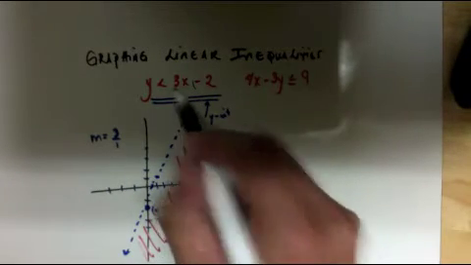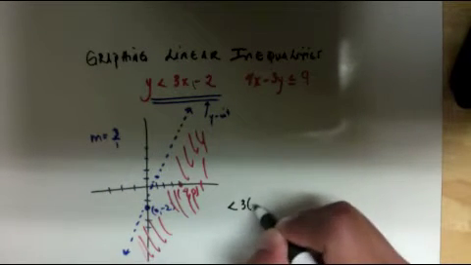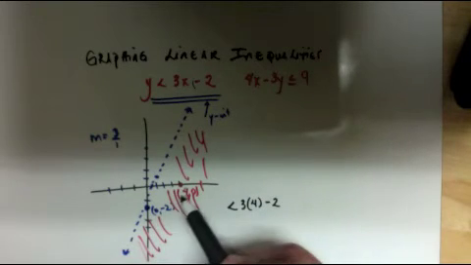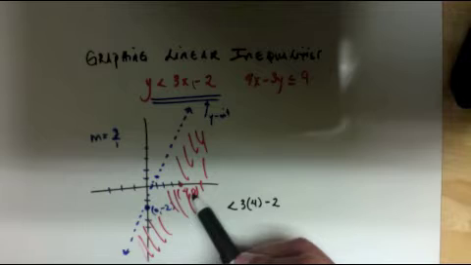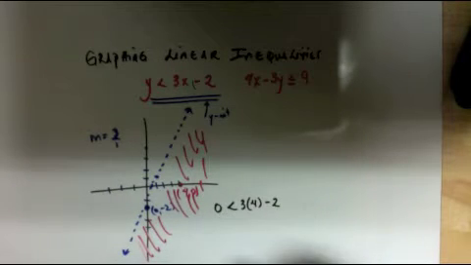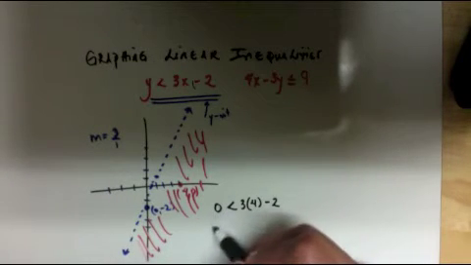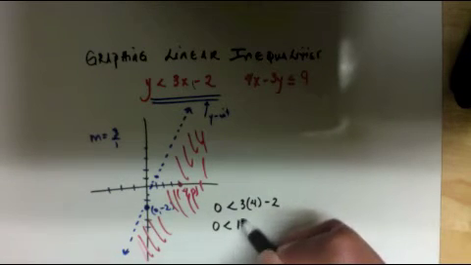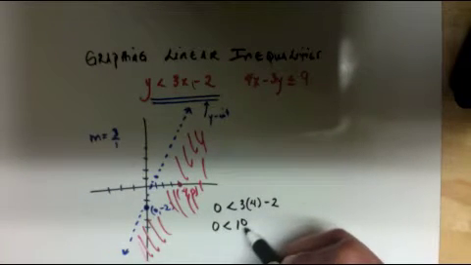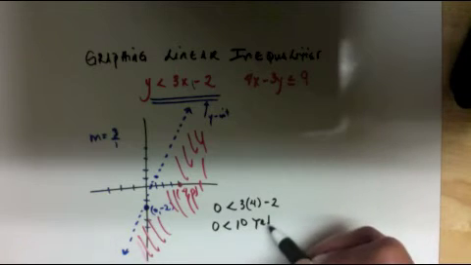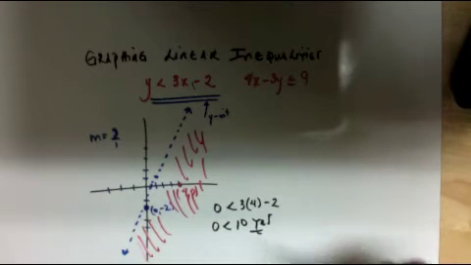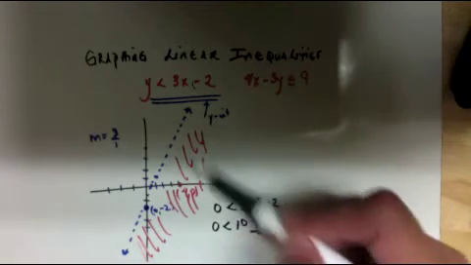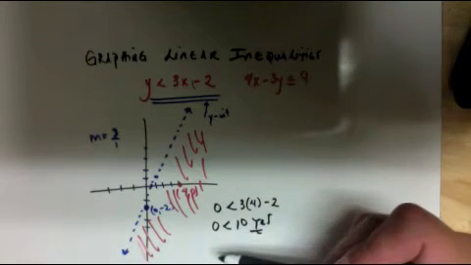So 3 times 4 minus 2, and then y is my second one, so 0. 3 times 4 is 12, 12 minus 2 is 10. Is 0 less than 10? Yes. I'm doing it the long way, but that's the way I can see if I did it right, if I shaded the correct area. And the answer is yes.